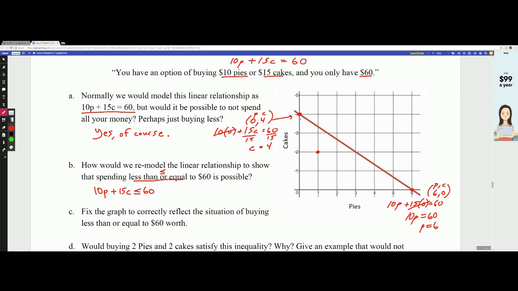Now, if we're going to fix this graph to represent that inequality, if you tried this in Desmos, you would see a shaded region being created below your boundary line. And again, this right here is your boundary line.